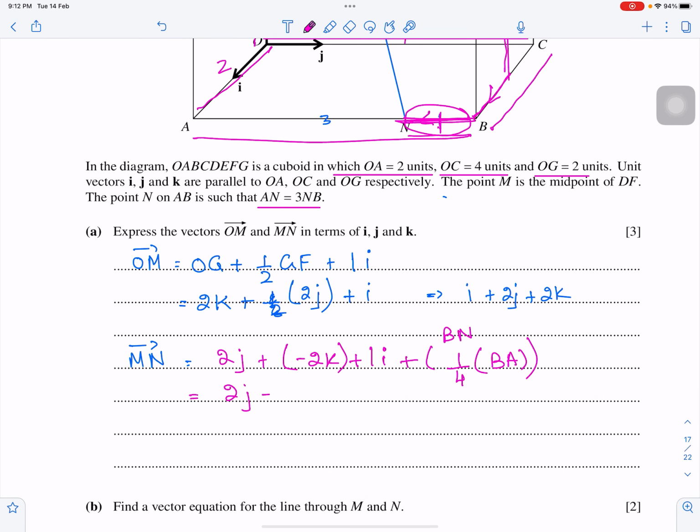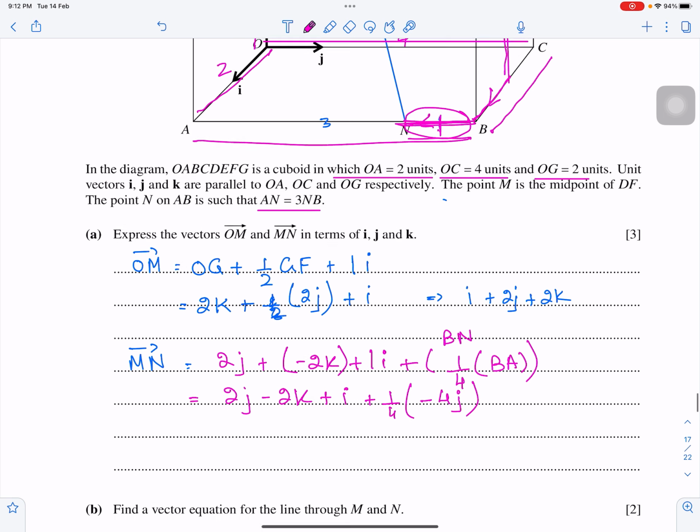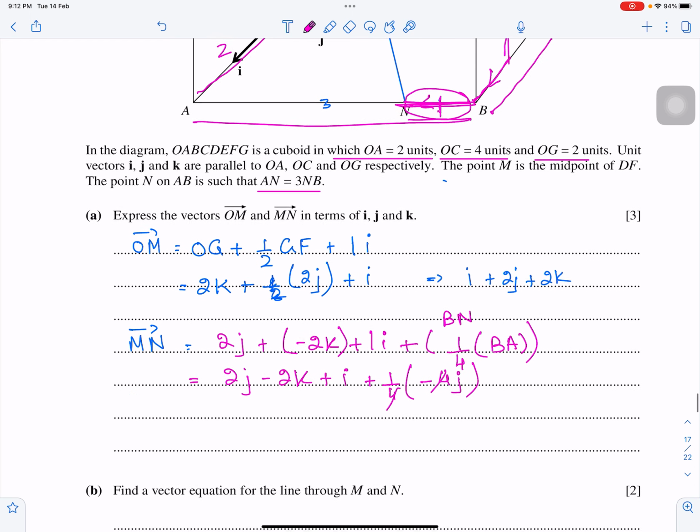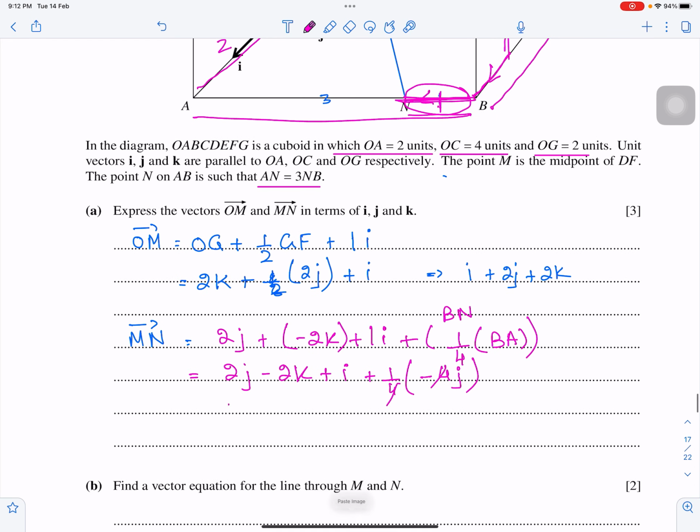So it is 2j minus 2k plus i plus 1/4 and BA is minus 4j. You can see from the diagram, so 4 cancels with 4 and you are left with minus j. So 2j minus 2k plus i minus j.